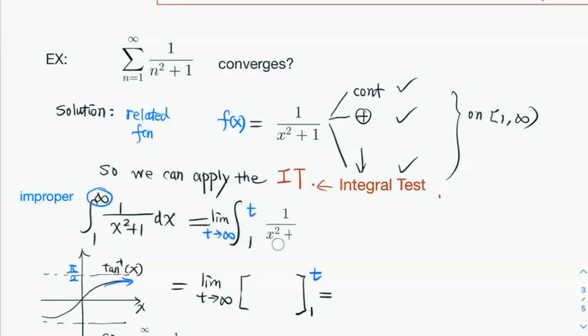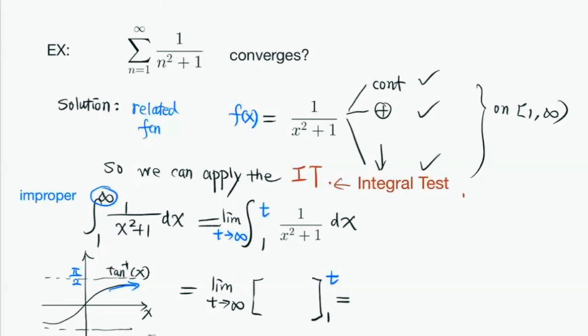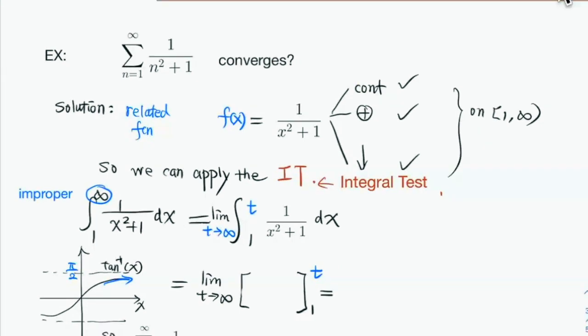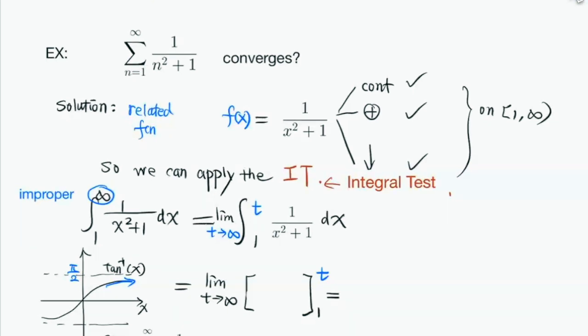So if you want to do it formally, you should do it this way. What's the next thing to do? The antiderivative. It's inverse tangent, so we get inverse tangent x. Then you plug in t in place of x, and 1 in place of x. Okay, let's do that.